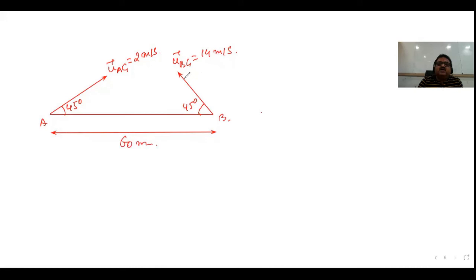Number 1, find the minimum separation during their motion. Number 2, at what time the separation is minimum.